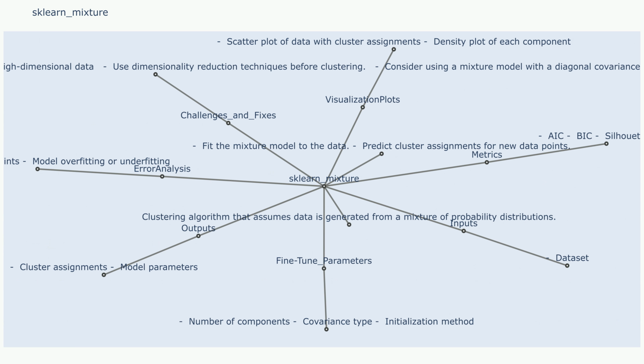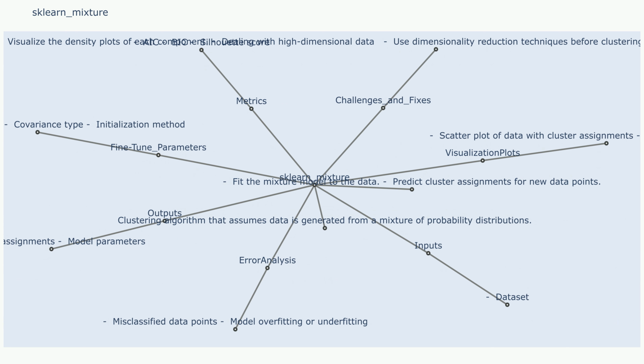Steps. Step 1. Explain in detail initialization. The algorithm starts by initializing the parameters of each component distribution, such as mean, covariance matrix, and weights. Step 2. Explain in detail expectation maximization. The EM algorithm iteratively refines the parameters of the mixture model until convergence.